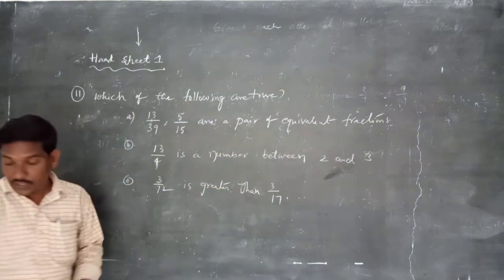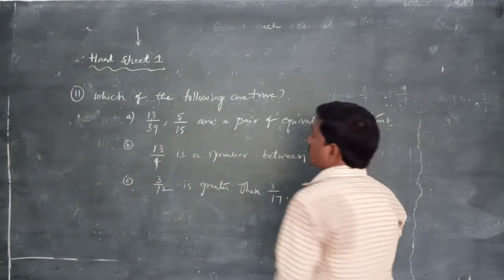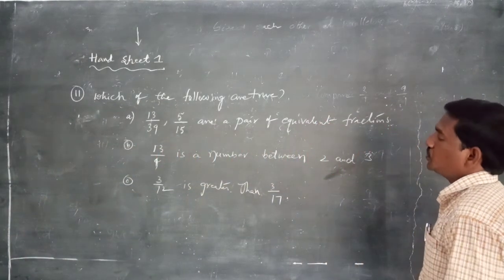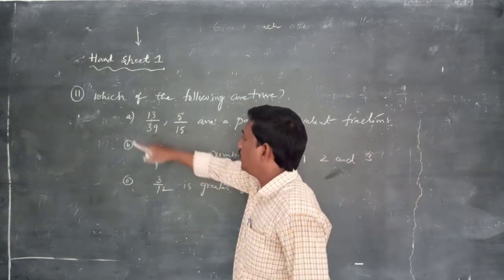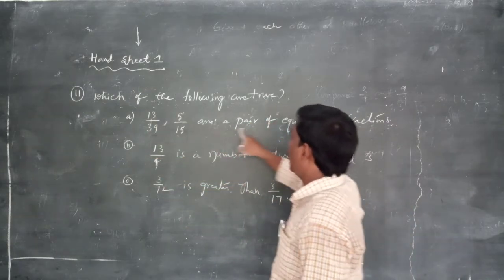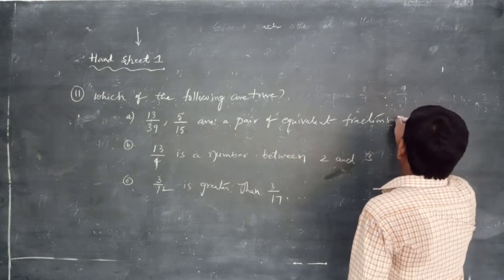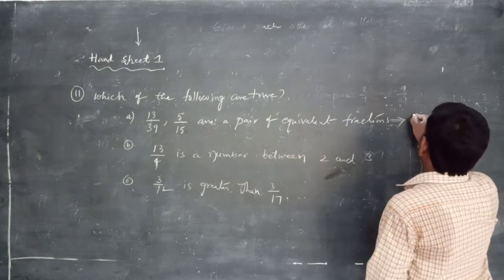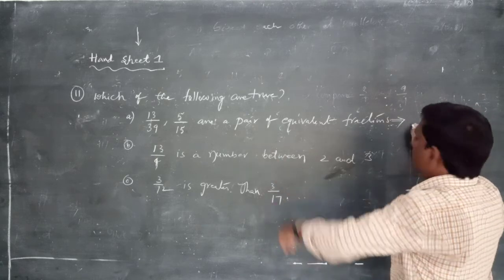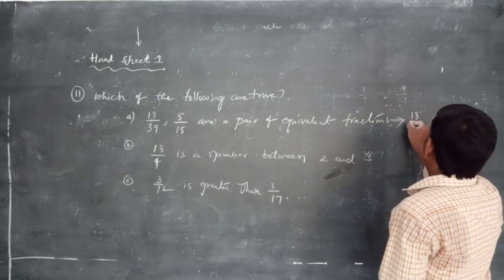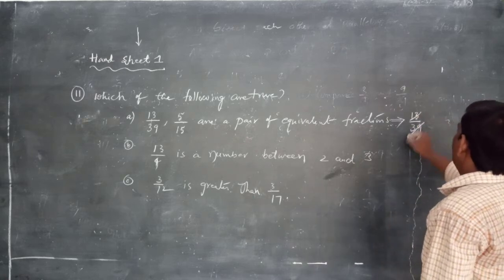Okay, this is the 11th question. Which of the following are true? Here 13 by 39, 5 by 15 are a pair of equivalent fractions. Explanation: 13 by 39. 13 table 1 time, here 3 times.